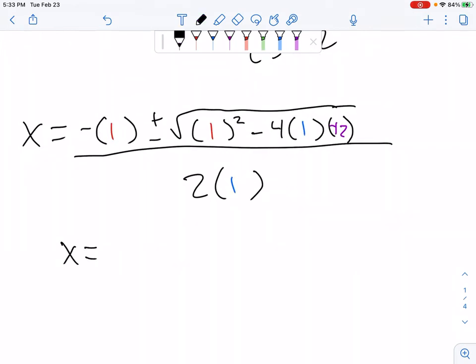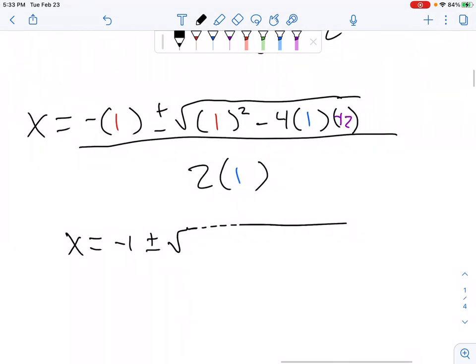X equals, the opposite of 1 is negative 1, plus or minus the square root. 1 squared is a positive 1, minus 4 times a times c: negative 4 times 1 is negative 4, times negative 12 is positive 48.